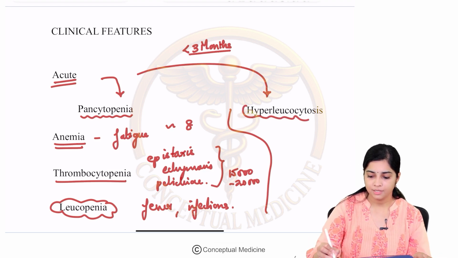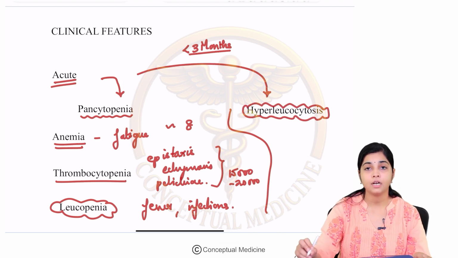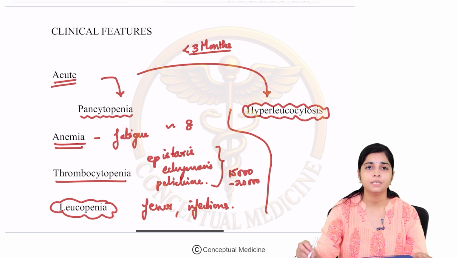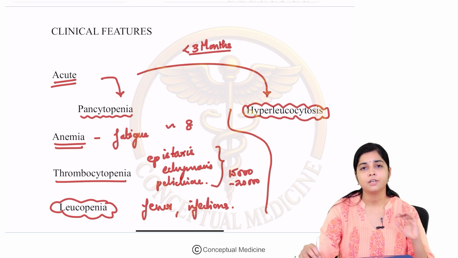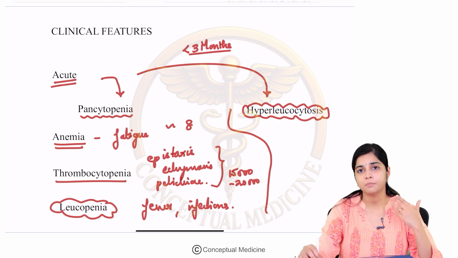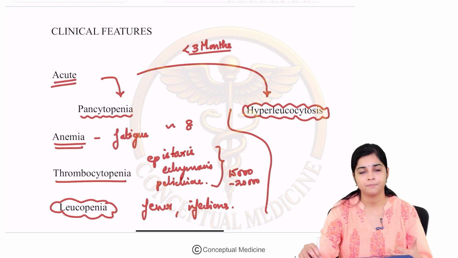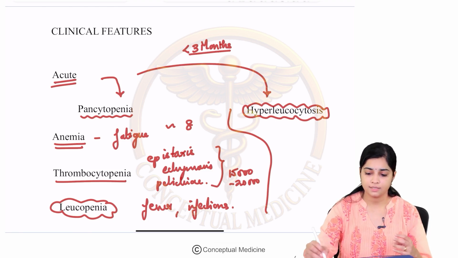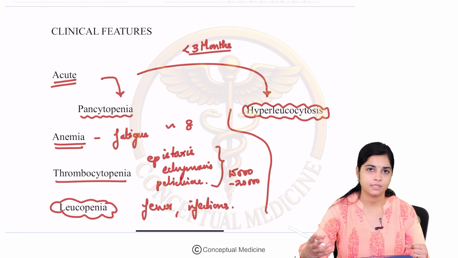Some of the AML patients can develop hyperleukocytosis. What is the reason for that? The reason being that the malignancy of the myeloid progenitor cells has completely replaced the marrow. The bone marrow is not able to retain the cells and the entire blasts are out in the periphery. So the peripheral blood itself will show a large amount of blasts and you can have hyperleukocytosis.